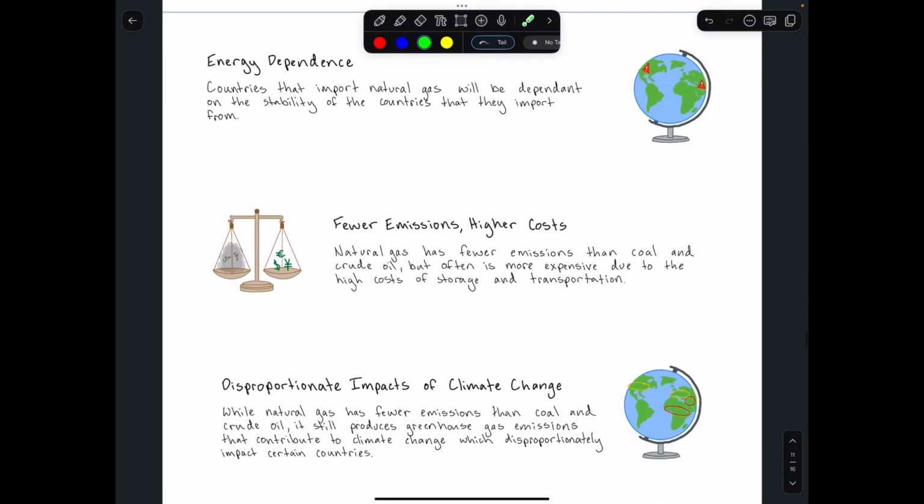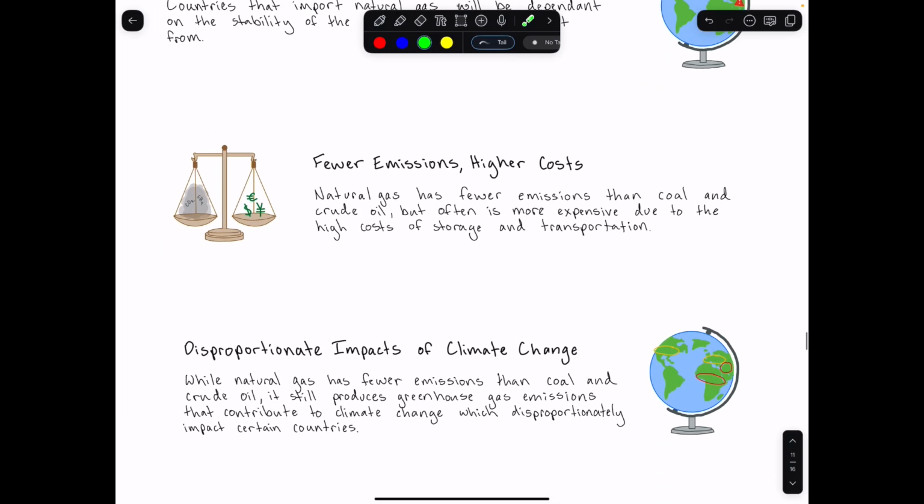All right, and then the last point that I've covered with all of the fossil fuels is the disproportionate impacts of climate change. So although natural gas produces fewer greenhouse gas emissions than coal when methane leaks are minimized, it is still a source of greenhouse gas emissions.